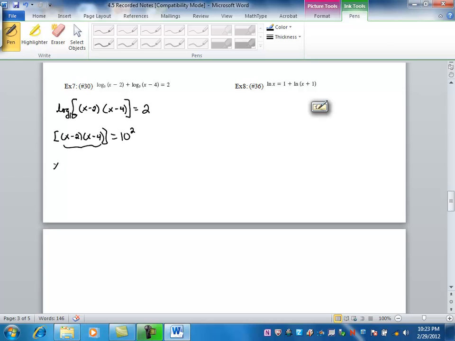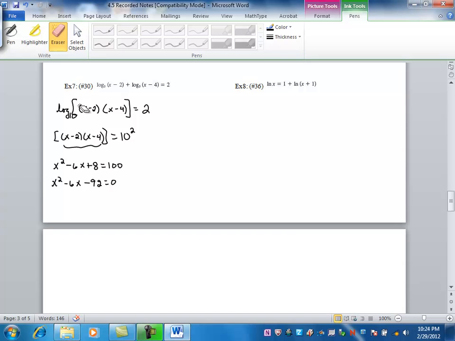Alright, so over here we've got x squared minus 6x plus 8 equals 100. Good old-fashioned quadratic equation here, x squared minus 6x minus 92 equals 0. And I need to apologize here, folks.